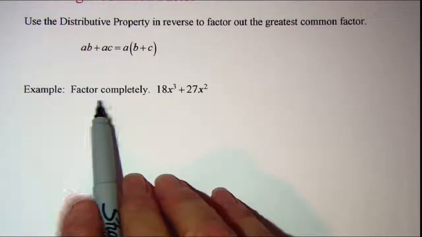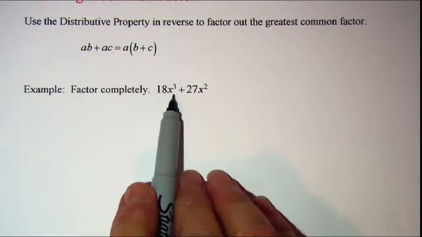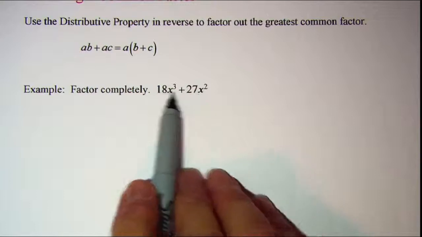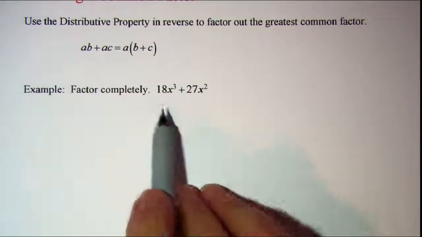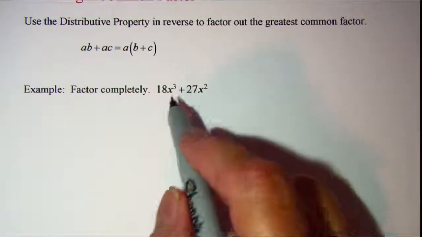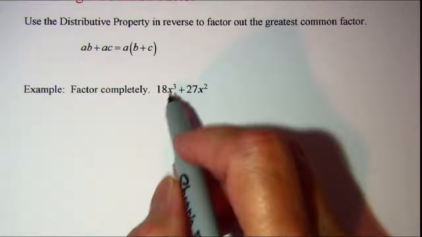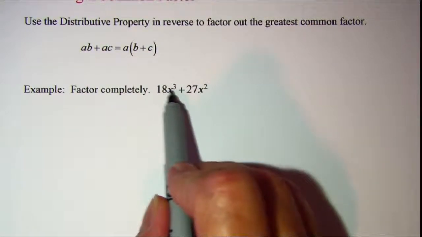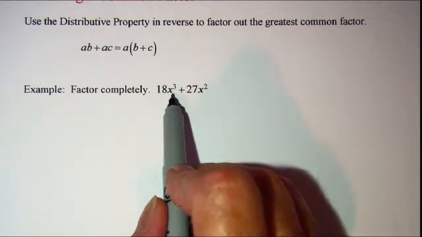Let's look at an example. We're asked to factor completely 18x cubed plus 27x squared. Now I'm going to write my factors out. You may not need to do this, but it might help if you can't see what your common factor is. So I'm seeing a factor of 9 in both of these numerical coefficients.